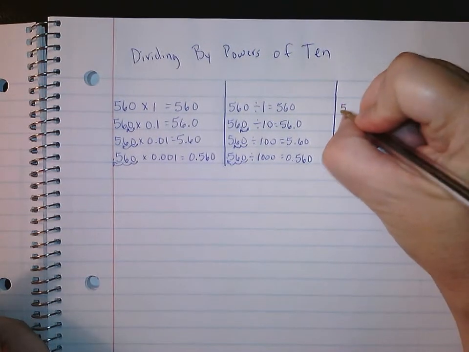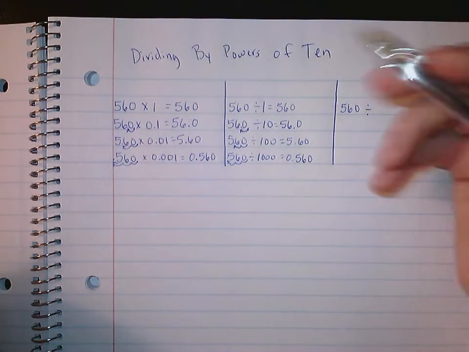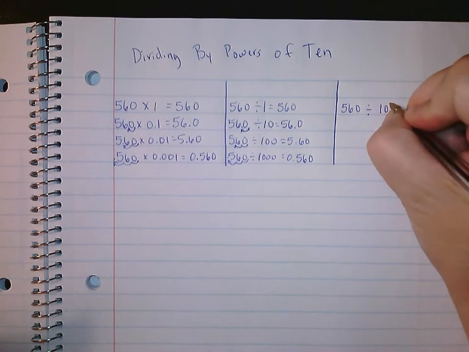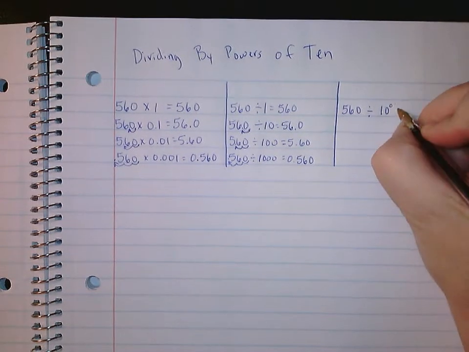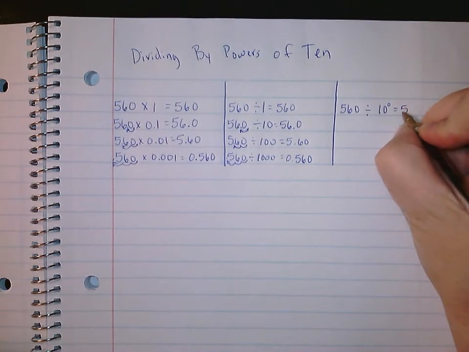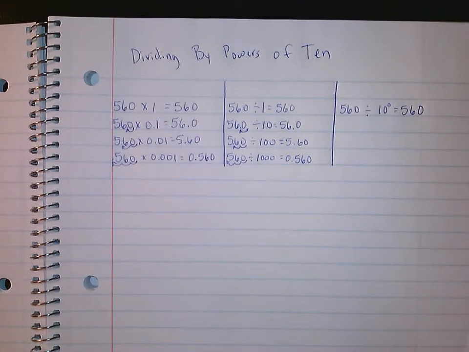So 560 divided by, now do you remember which power of 10 equals 1? If you said 10 to the 0th power, you were correct. So if I divide by 10 to the 0th power, which means I don't move my decimal at all, I move it 0 times, my answer is 560.